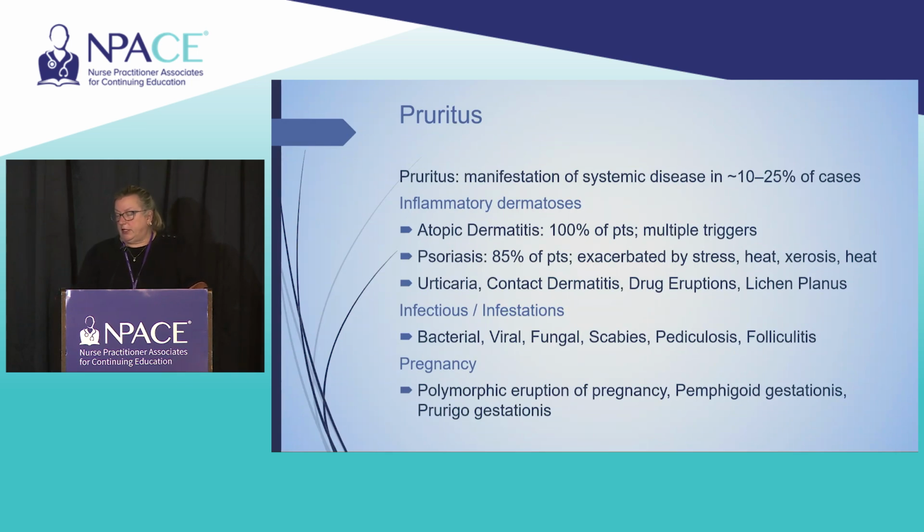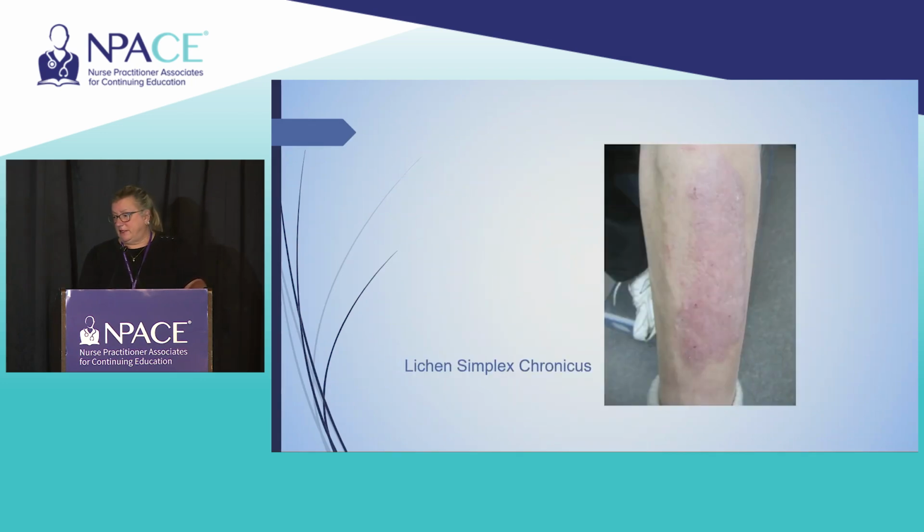Infections can be itchy, infestations, scabies, bed bugs, whatever. Of course they're itchy, and of course pregnancy is itchy. So a whole lot of reasons for people to itch. So we can't just say, it's just dry skin, or take some Claritin, it'll get better.